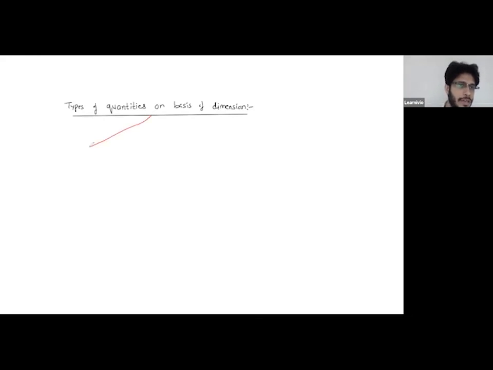First of all, you can divide your quantities into two categories. Your quantity could be constant or it could be variable. Whatever physical quantity we deal with, it's either a constant or a variable. Like acceleration due to gravity, it's a constant.